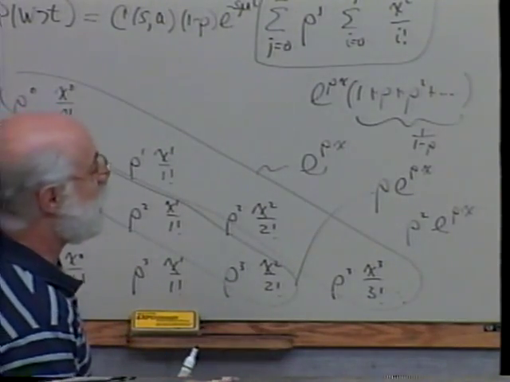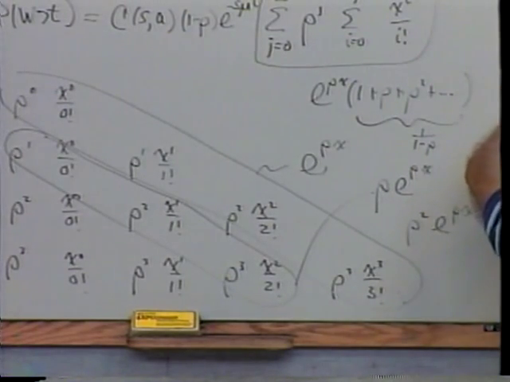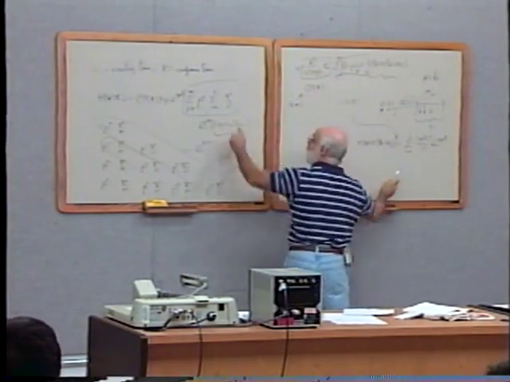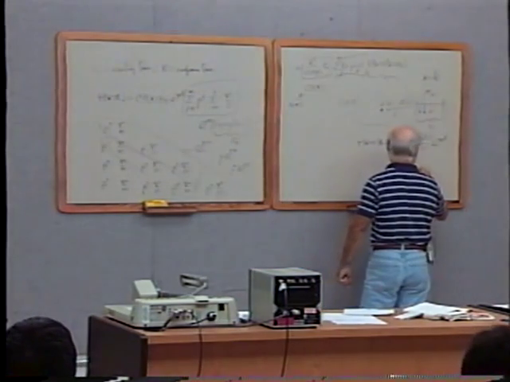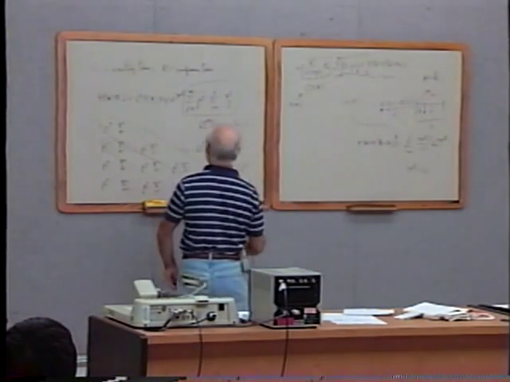I don't know if I wrote that down, but when I went from here to here, what I did was I simply said, let s mu t equal x to make everything simpler. So what does that mean?